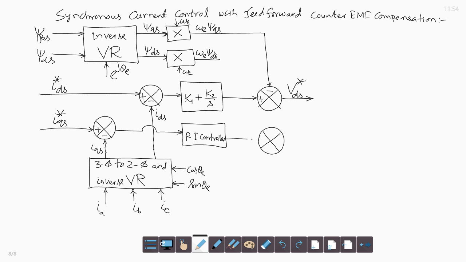Similarly, this is the q axis IQS loop, and in the q axis loop the counter EMF omega e psi d s is added, and we get V q s star.